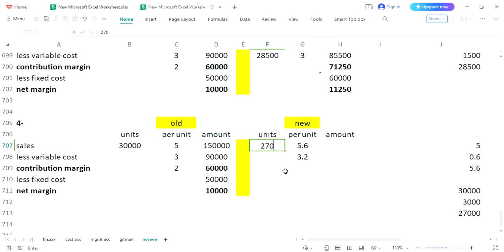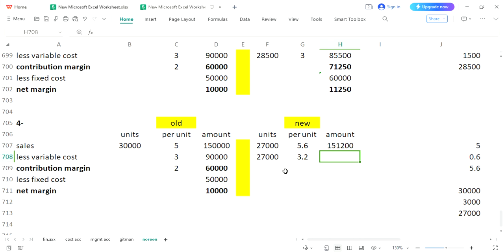As usual, you know that the number of units sold and the number of units for variable cost would always be similar. So you will write the same number of units. All inputs are calculated. It's time to see the amounts. How do you calculate the amount? By multiplying units into per unit. So sale units 27,000 would be multiplied by per unit sale, which is 5.6.